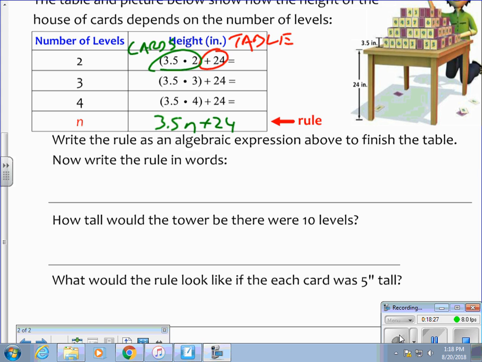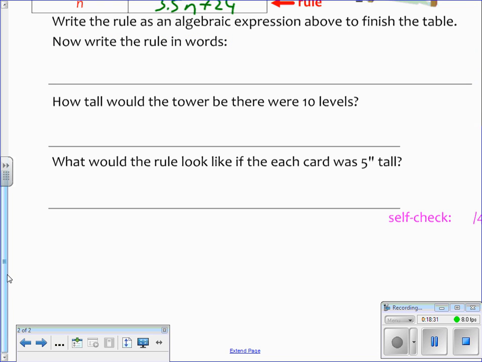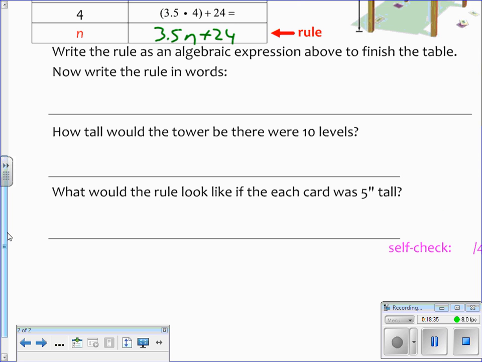Okay, that should be enough time to get those done. Actually, let me slide this up a little bit here. So, rewrite the rule in words. 3.5 stands for what? How tall the cards are. So it would be the height. Is it IE or EI? I before E, which is it.